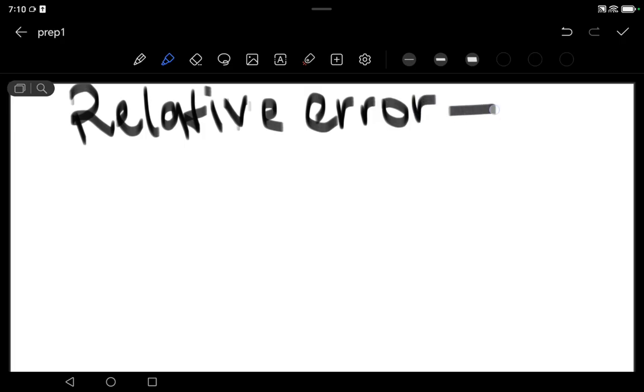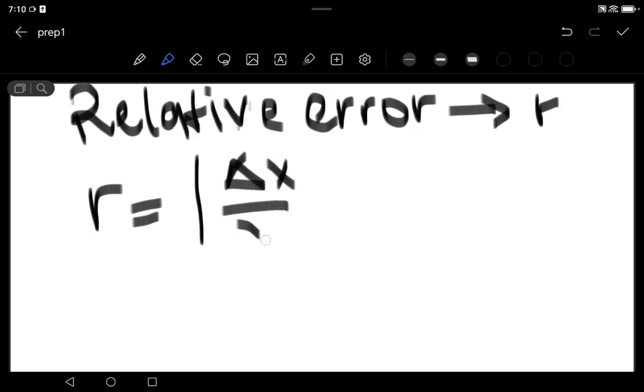Relative error is small letter r. The formula for relative error is r equals absolute change in x over xa. Remember, we have already calculated the change in x, and we also have xa.